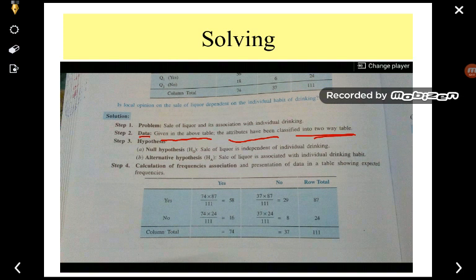And now the third step, that is the hypothesis. The first step is the problem, the second is the given data, and the third is the hypothesis. There should be two types of hypothesis: the null hypothesis and the alternate hypothesis. The null hypothesis, written as H0, says that the sale of liquor is independent of the individual drinking.